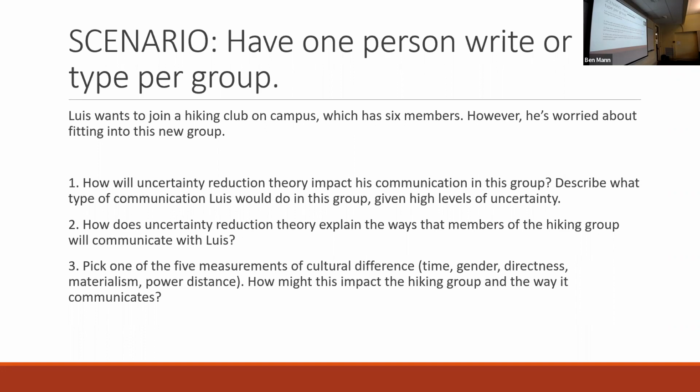Number 2, yeah, go ahead. So how does uncertainty reduction theory explain the way other members of the hiking group will communicate with this person? Probably more open so that we can understand.